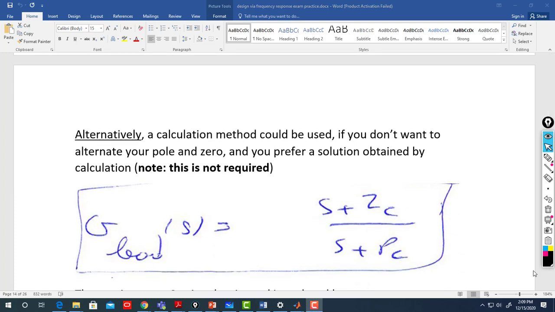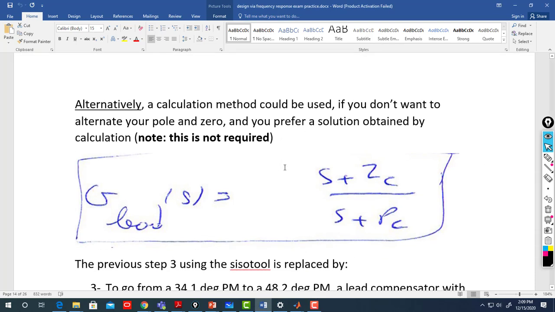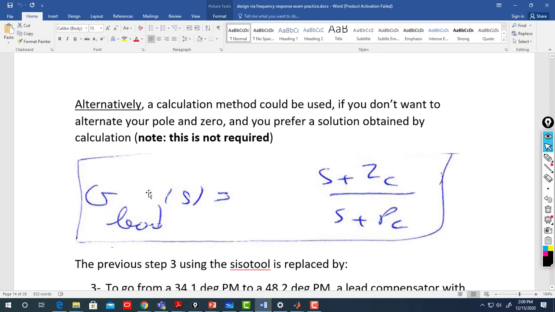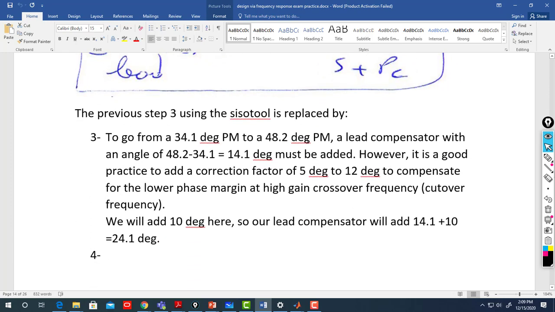So let's see the alternative method. Well, it's a very guided tutorial here, so I'll go over it with you. There are some steps you need to follow, and you get your result. And this is a calculation method. If you don't want to alternate your pole and 0, you can use this solution. The previous step 3, using the seesaw tool, is replaced by the following.